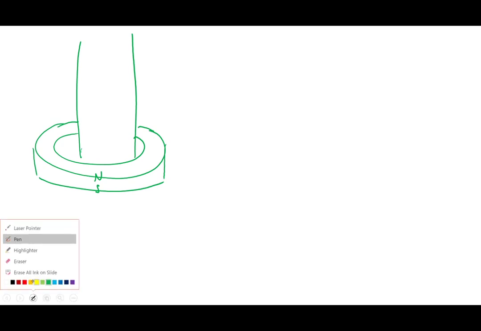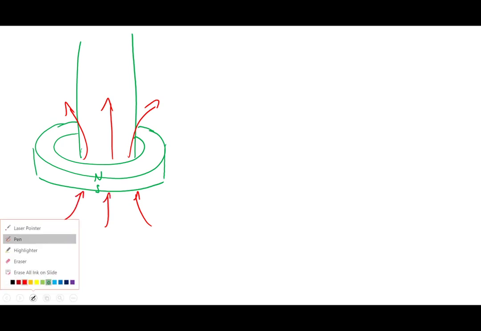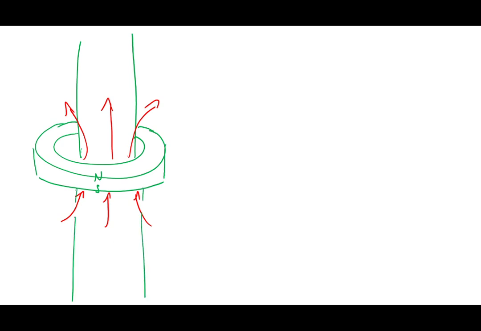And we said we had some kind of north-south going in. Arbitrarily, I chose north on top. That means that we have a magnetic field that goes out this way, and in that way, around the rod.